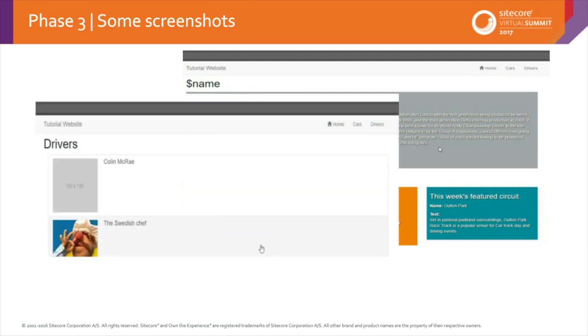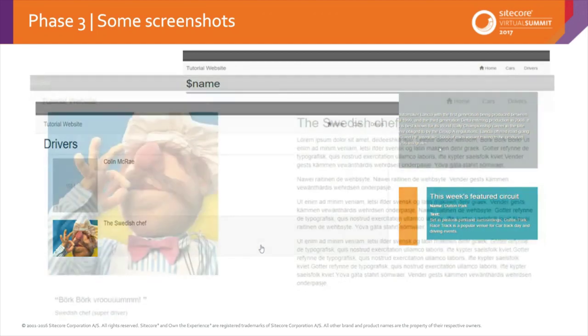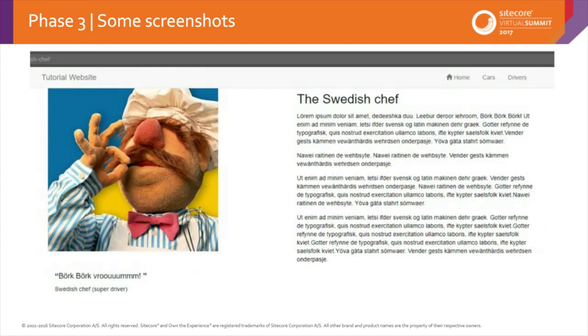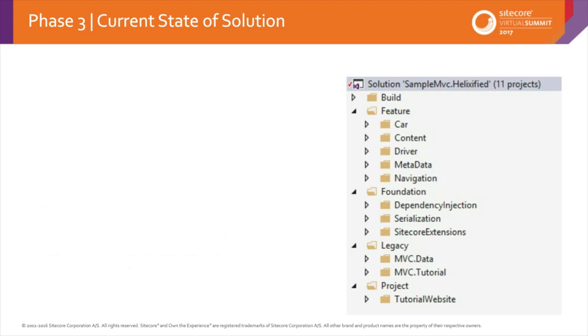And to honor Martina, I found the most Swedish person I could think of, and made this test page. The Swedish chef, meatball driver. So this is the current state of the example solution.